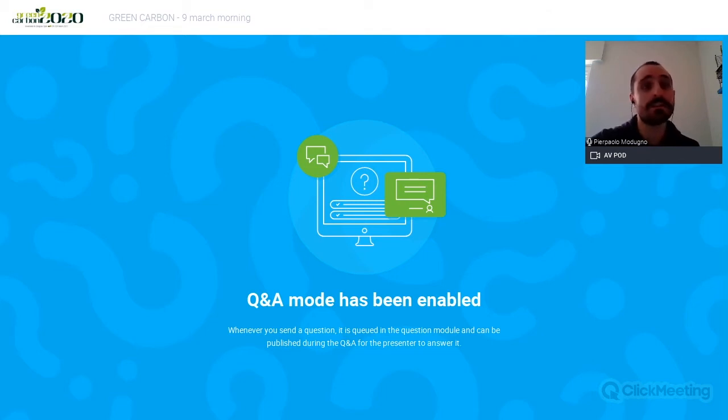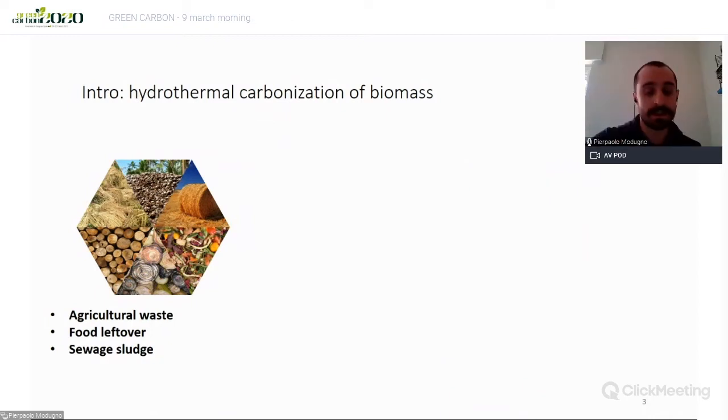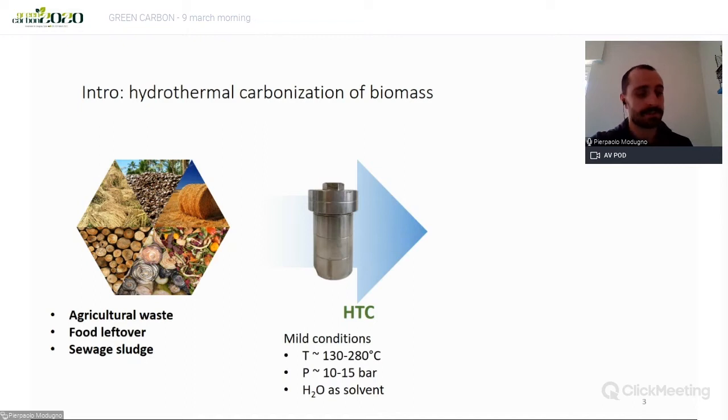Hydrothermal carbonization is a way to move to a closed carbon cycle. It is a conceptually simple process, and it allows us to convert waste biomass into valuable platform chemicals and carbon materials by means of a simple hydrothermal treatment, using water at subcritical temperatures and autogenic pressure.